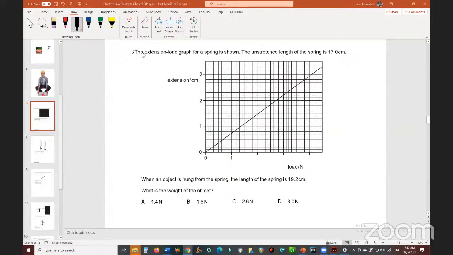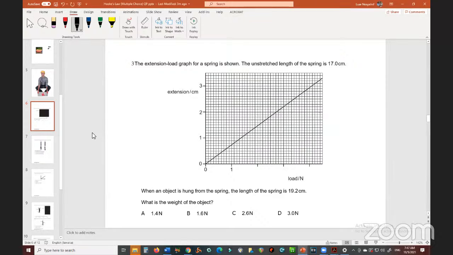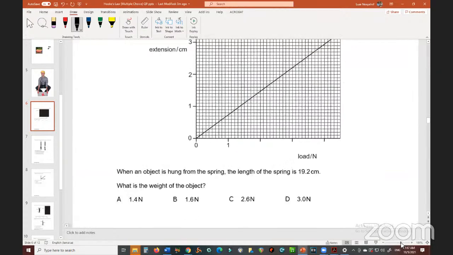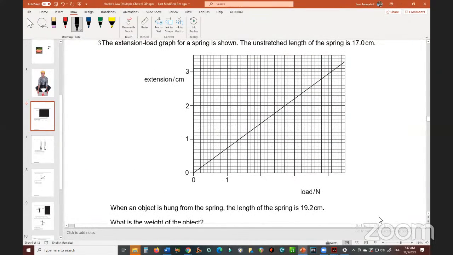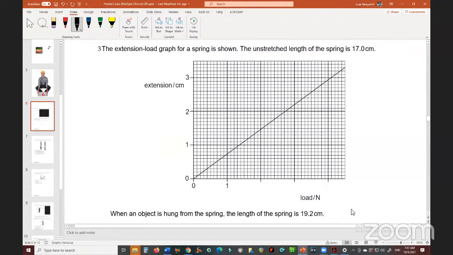All right. Extension load graph for spring is shown. Question 9. Let me zoom in so we can get some clarity here.